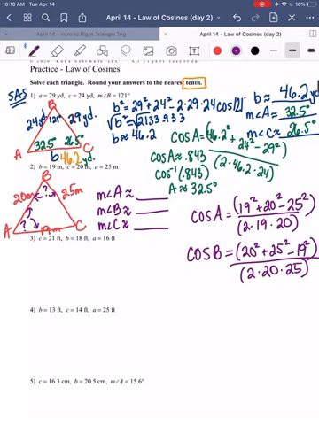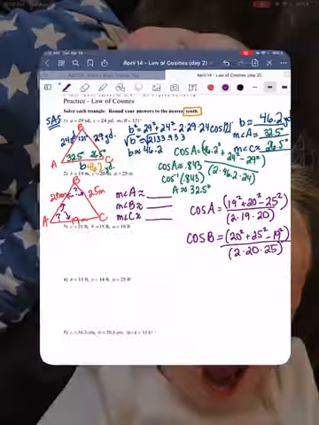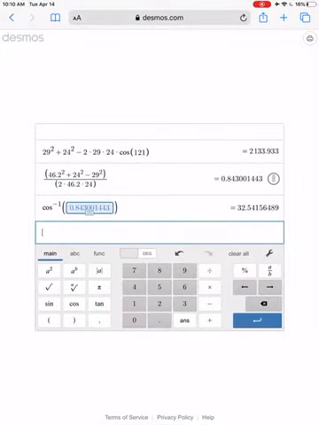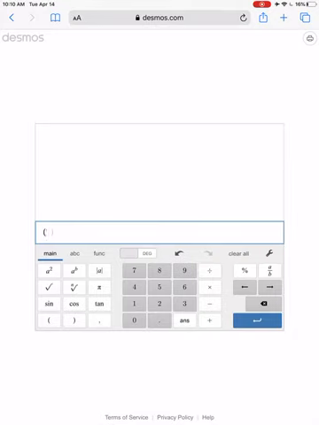And now it's just a matter of typing into the calculator. Okay, so I'm going to write these down so I don't forget. Okay, so let's go to Desmos, clear all, and let's type these in.